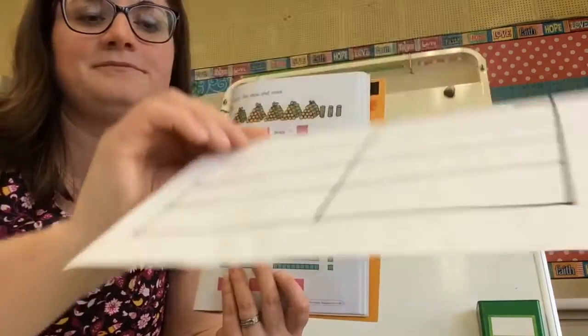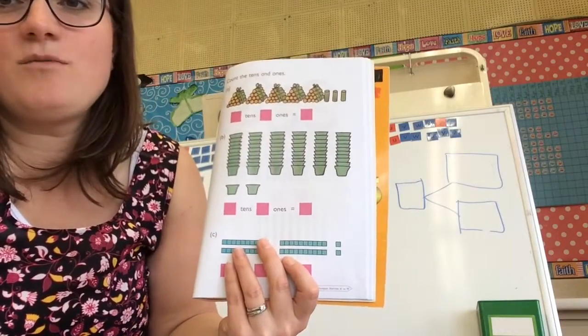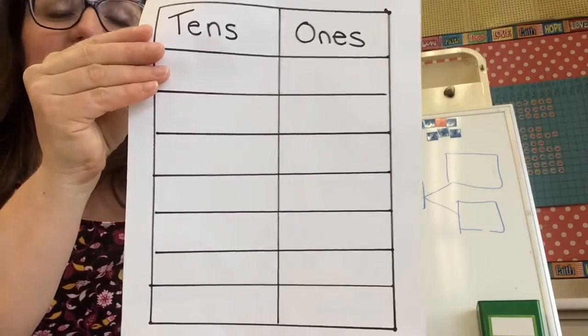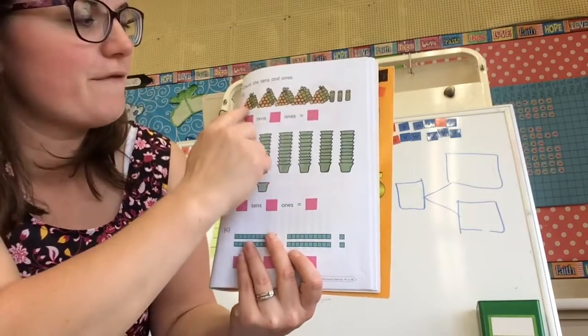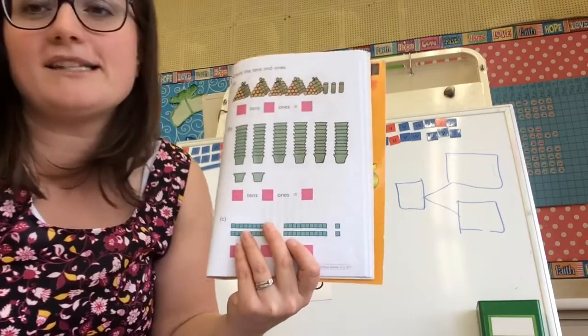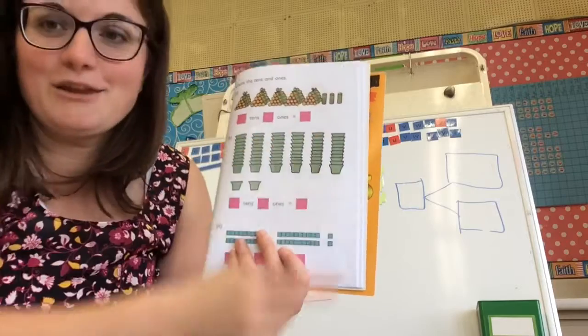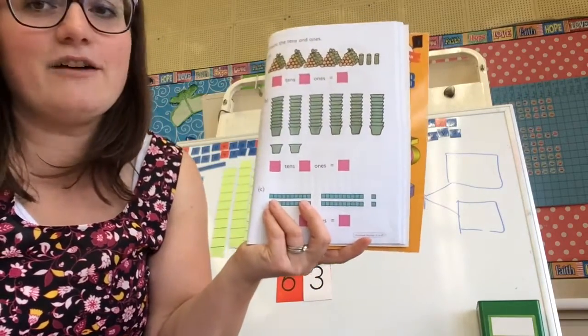Yes, so we're going to put 5 in our 10s column. And how many ones are there? 1, 2, 3. There are 3. So we're going to put 3 in our ones. And what number is that? What is 5 10s and 3 ones? 53. Awesome.